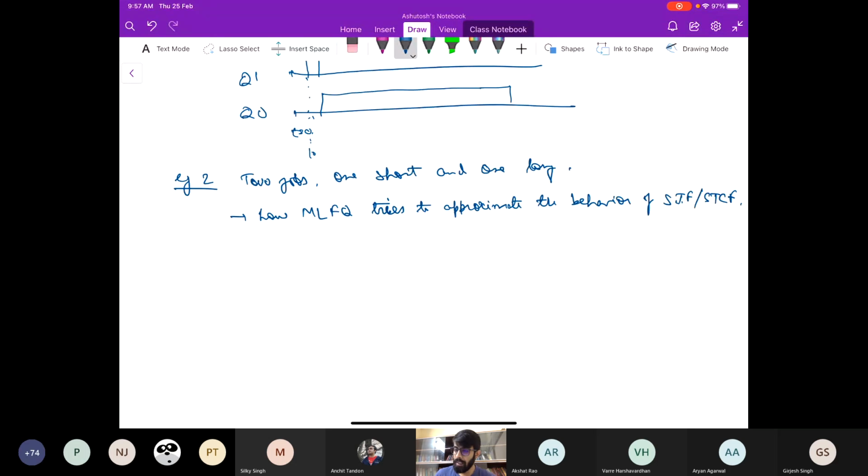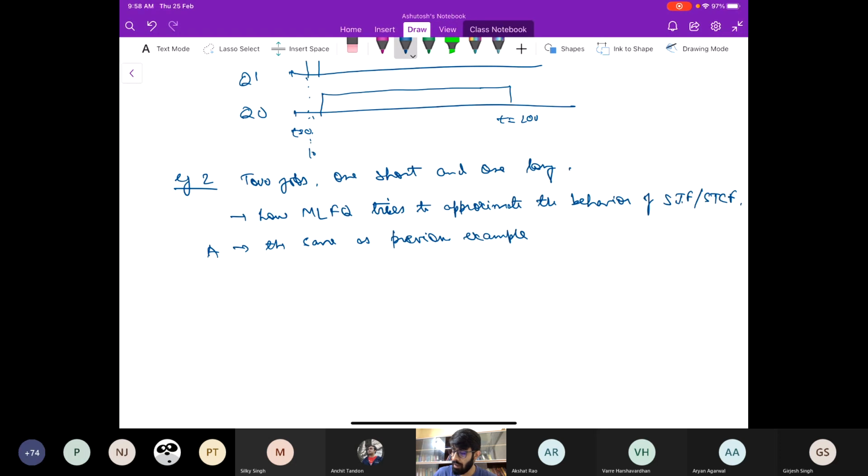Okay, so let's see, now there are two jobs. A was there, the same as the previous example. So it runs for 200 milliseconds as it did. So this was T is equal to 200.